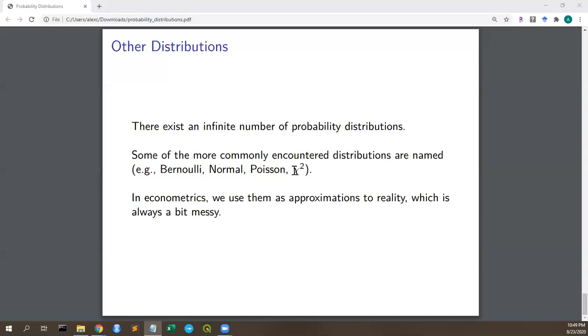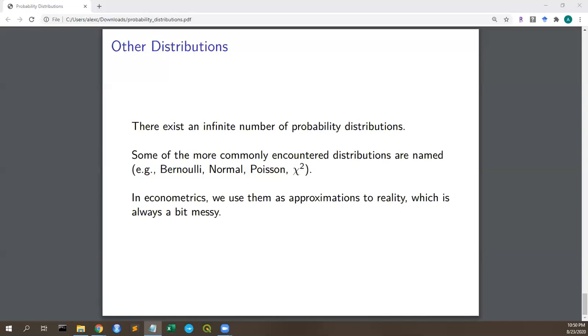Now, this is not to say that other distributions are not important. They are, because there's all kinds of other issues that come up. But the CLT is one of the foundational pieces of econometrics, and it's super important to know.